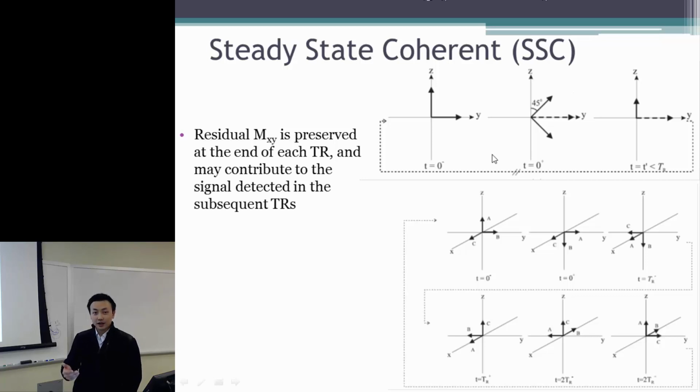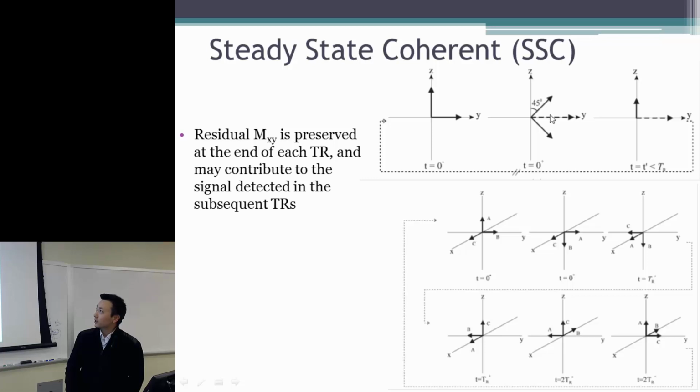There can be different schemes for reaching the coherent steady state. Here are two typical ones that we usually see. In this one, we only have coherent magnetization along the z-axis and along the y-axis. So this is the initial state before the excitation, and then we apply an excitation, which tips the Z component of magnetization.